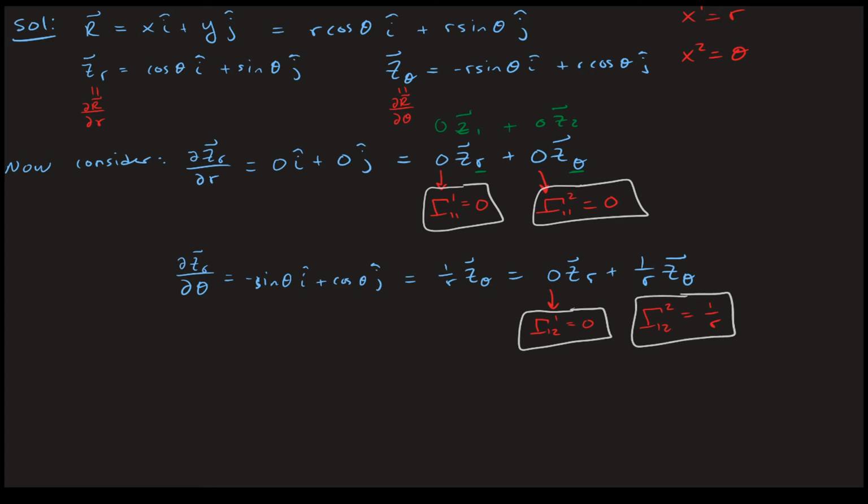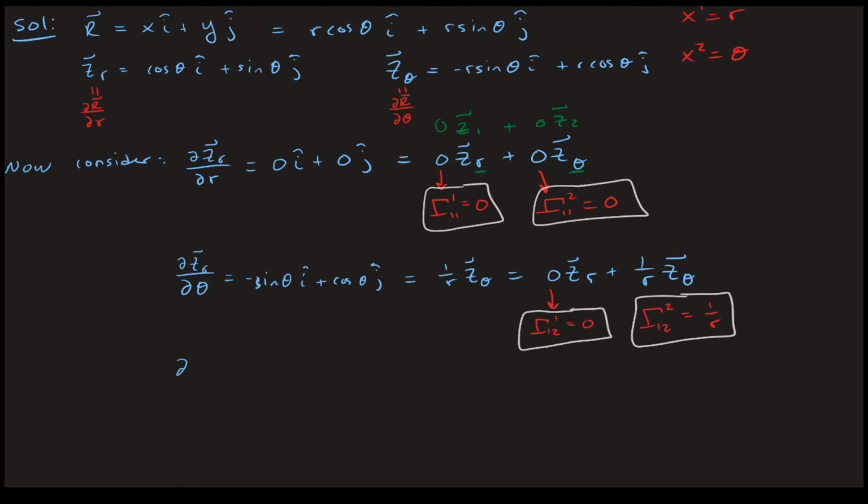It's just the derivative of z1 with respect to x2. And then the first component, which is the 1 up on the gamma, is 0, and the second component, which is 2 up on the gamma, is 1 over r. Okay, we'll now differentiate z theta with respect to r.